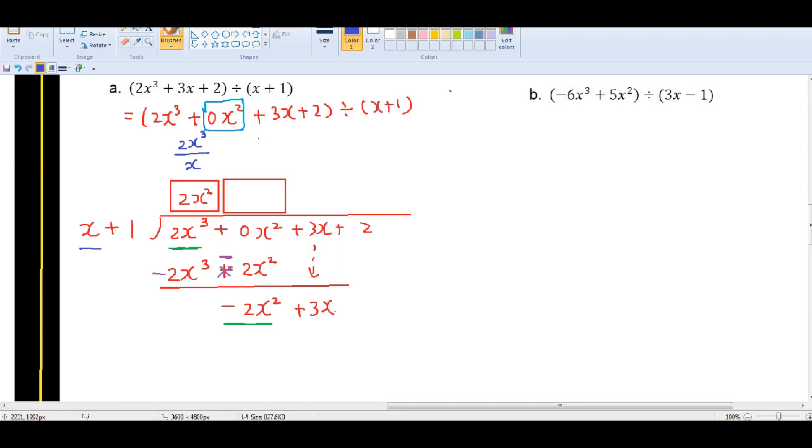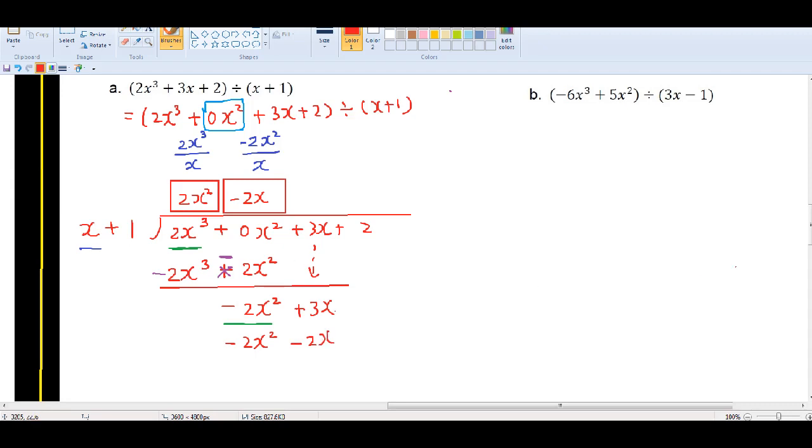Minus 2x squared divided by x actually becomes minus 2x. Use that minus 2x to multiply the divisor. You get minus 2x squared minus 2x.